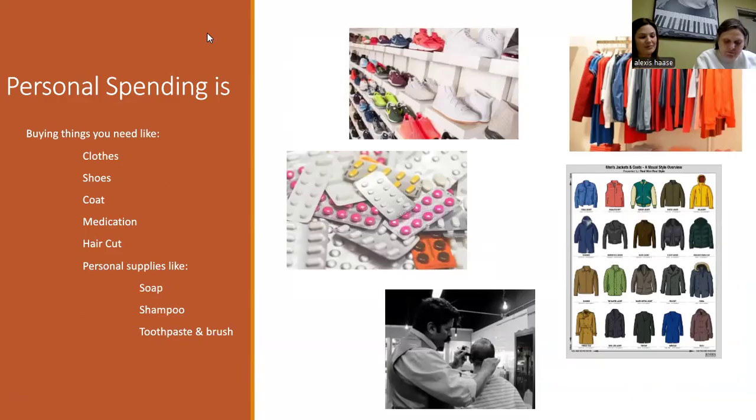Having a list of prioritization, what is most important to have, like medication over a new pair of shoes or clothes. Budgeting is important. It's important to save money for future items. Just because you may have money to spend, be sure it is something you really need and not just want.